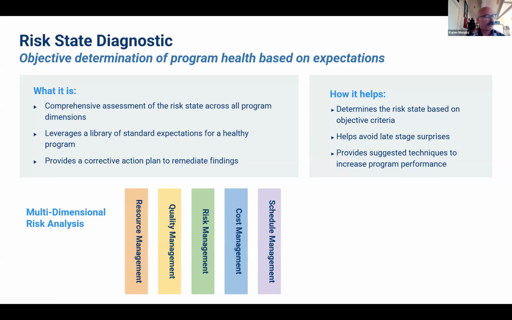So my question would be: does your organization have a proven set of expectations and techniques to uncover these risks and understand the true performance of the project? It does take a little bit of work to put these together, but Elian can certainly help you, and then you have a library that you can use on all future programs.